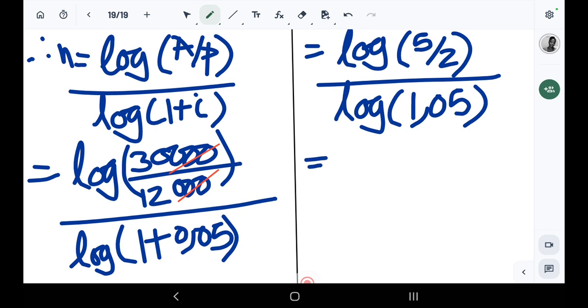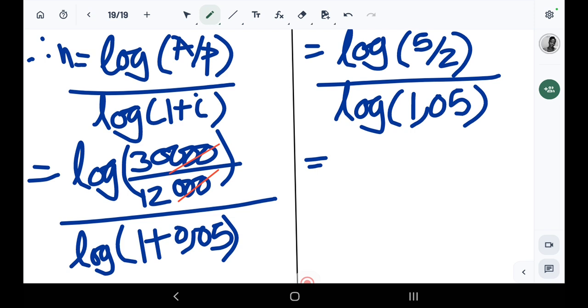Now let's go to the calculator. Common fraction button, then log. The open bracket is already there. Now another common fraction button. We've got 5 at the top, down arrow, 2, right arrow, close bracket, down arrow to go down, log.